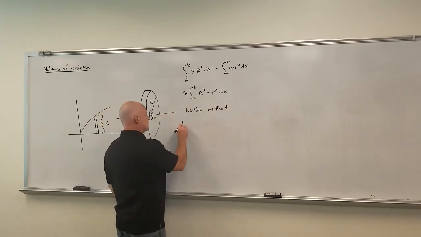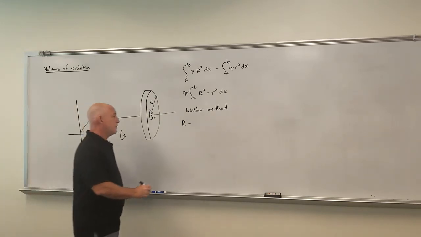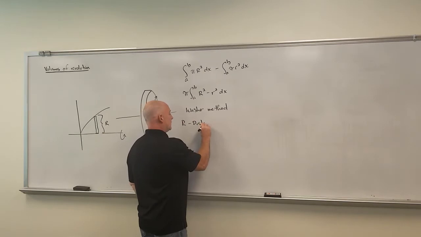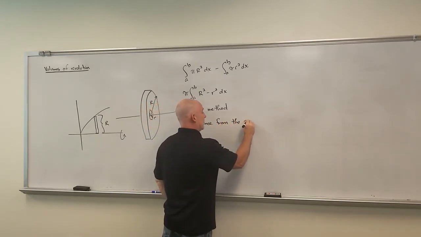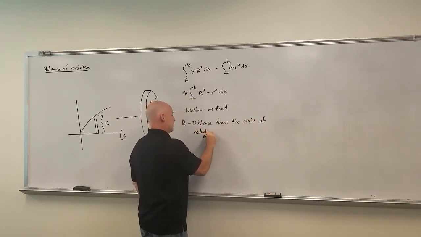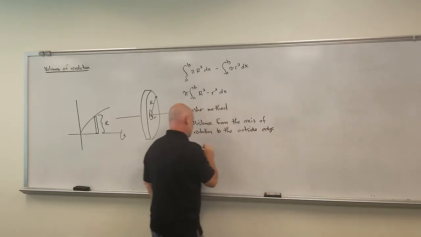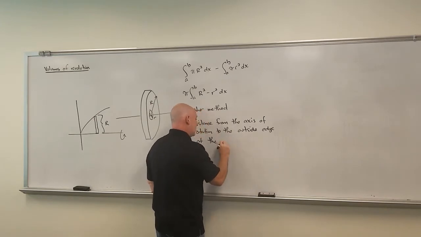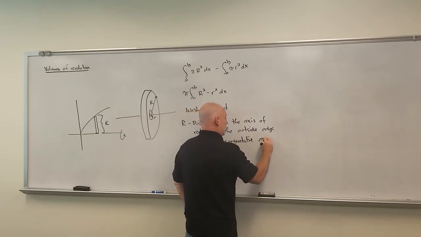So here are two definitions that we need. What is that big R? That's the longest radius. Big R is the distance from the axis of rotation to the outside edge of the representative rectangle.